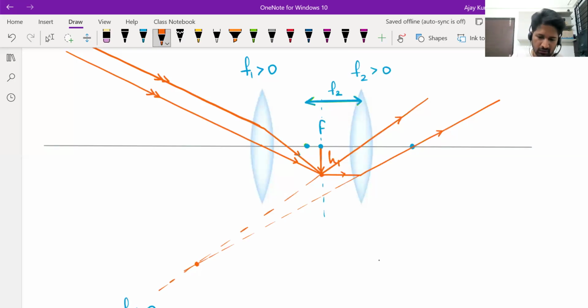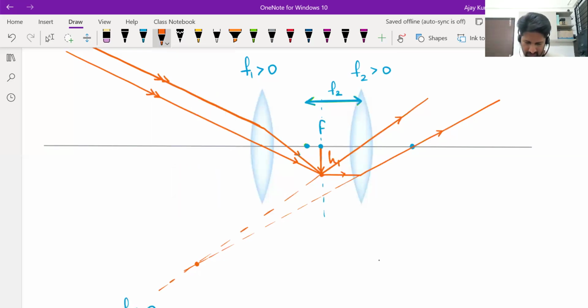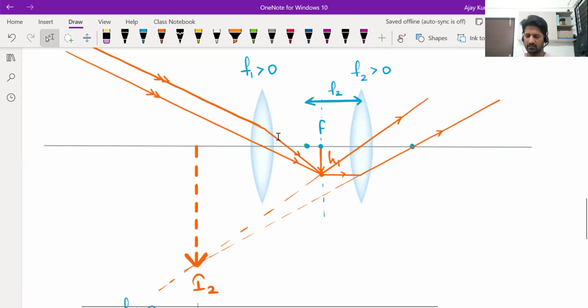So finally, what the observer sees is this image. You can call this I2. I1 is the first image, I2 is the final image.